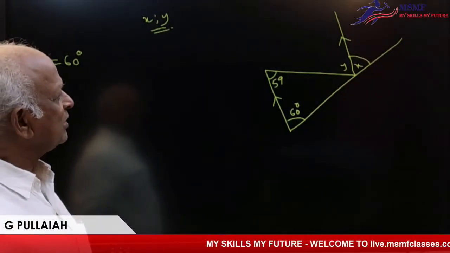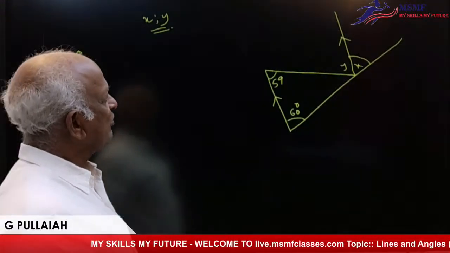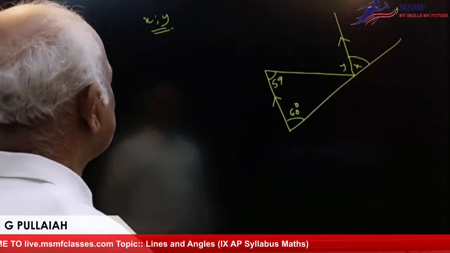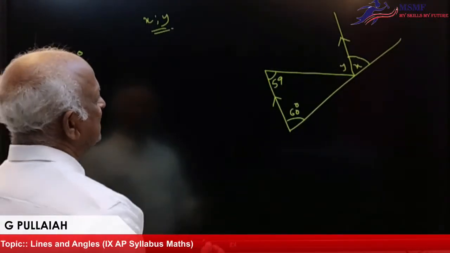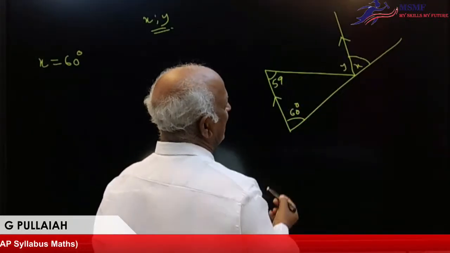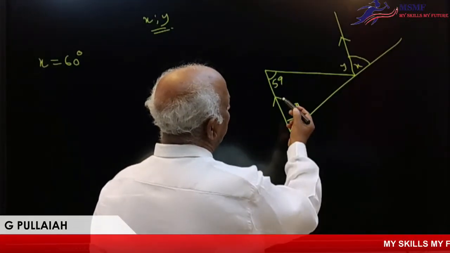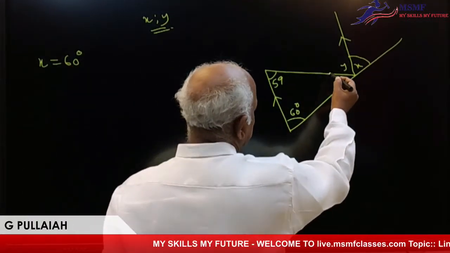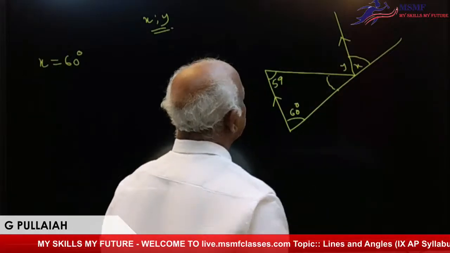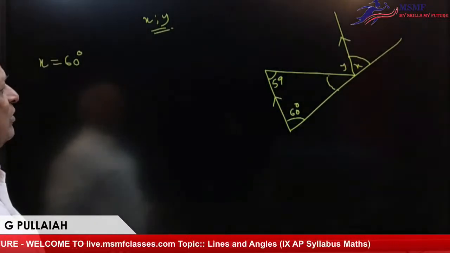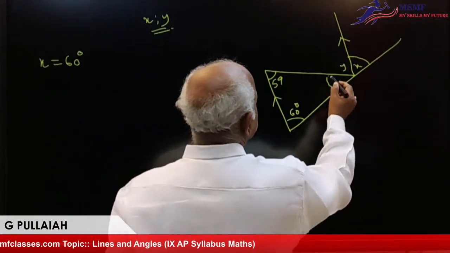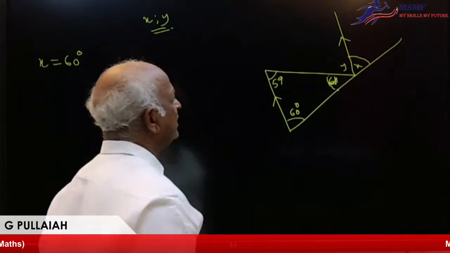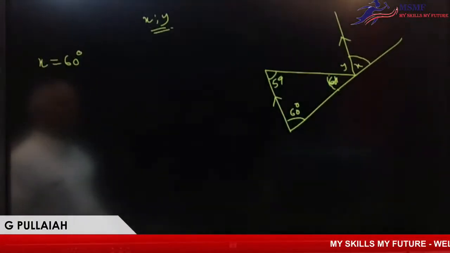Coming to the other important point, here we have to find the value of y. Let's find the value of y. In case of this y, if this is 60 and this is 59, totally it will become 119. So how much is this angle here? 120. This is 61 degrees, and x is 60 degrees.